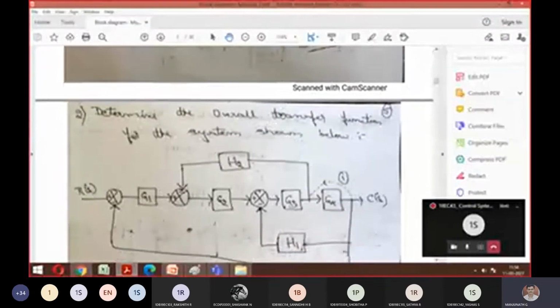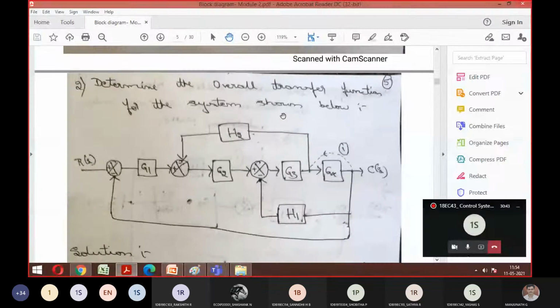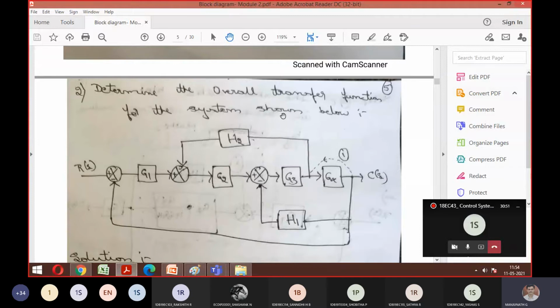Look at the question, is it done? Determine the overall transfer function for the system shown below. Is this block diagram done or not? No, sir. Okay, fine, then we'll solve this.